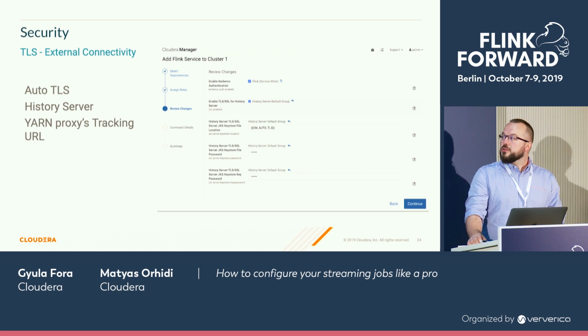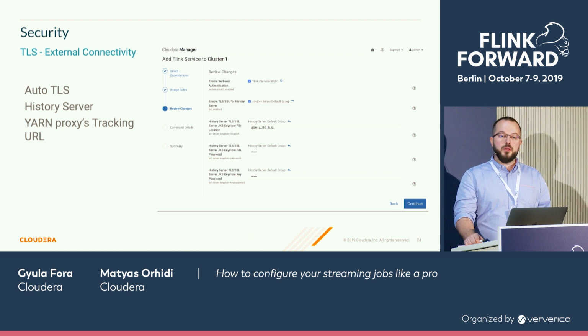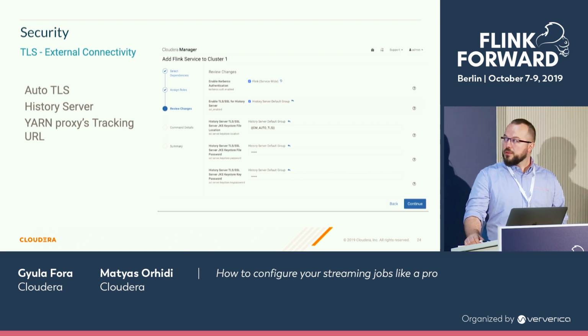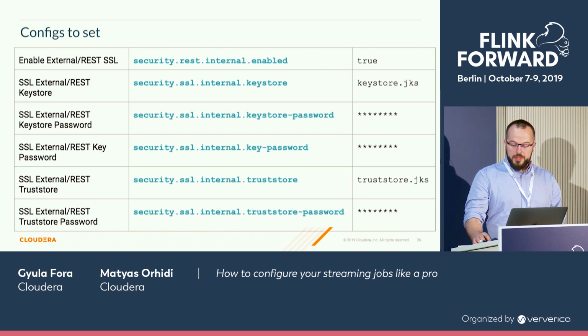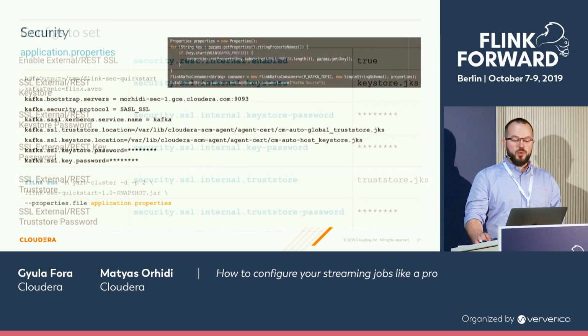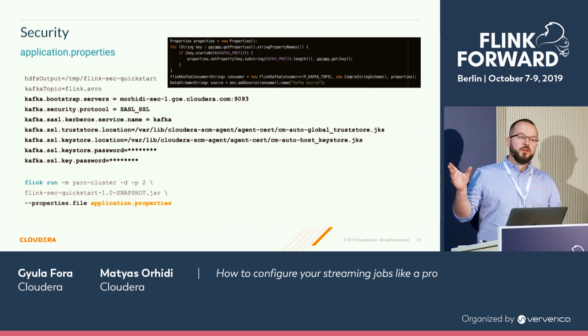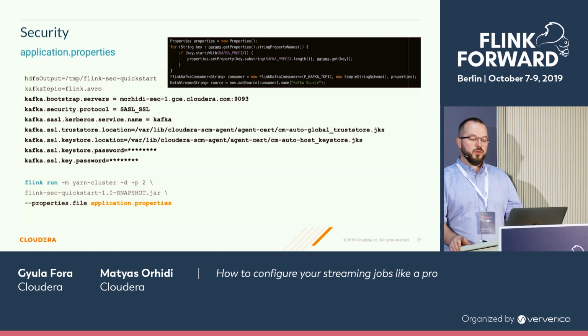Cloudera Manager can generate the keys, the keystore and a truststore for every service, and it makes sure that the secrets are protected and isolated from each other for every service. So again, the configs to remember, there are a bunch of them for TLS.